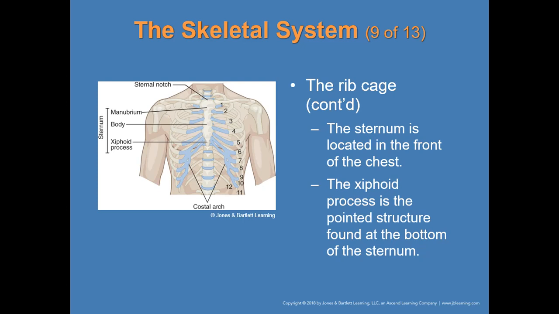If you follow it all the way down to where your abdomen comes in, you'll feel a little pressure point that feels uncomfortable if you push in. That's your xiphoid process, and all of that in between is the body.